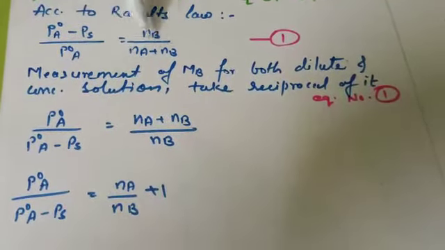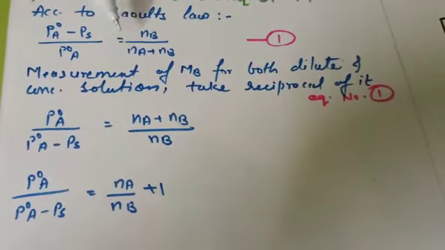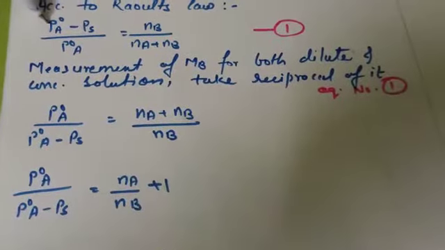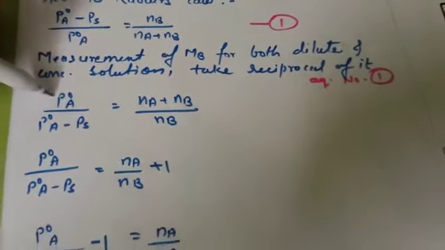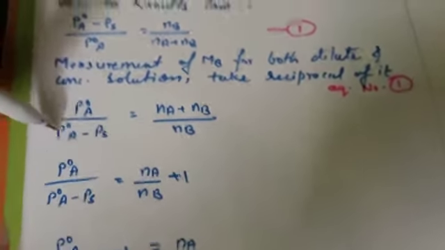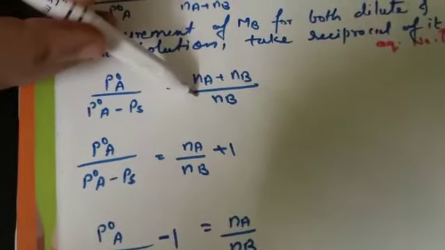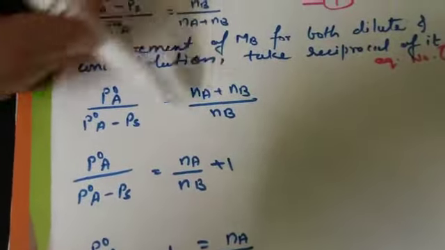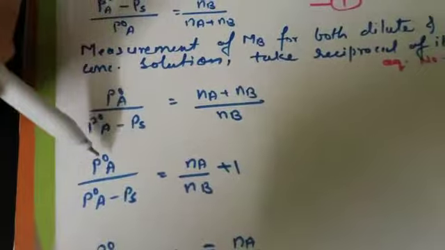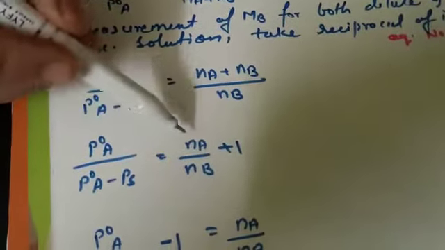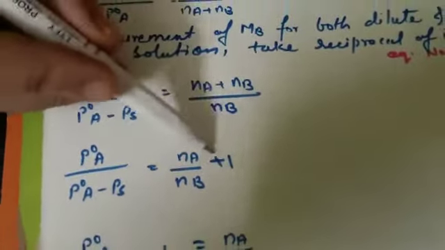Now, to find out the molecular mass for both dilute and concentrated solution, I have reciprocated this equation 1 and it comes to be P°A upon (P°A minus Ps) equals (Na plus Nb) upon Nb. Taking Nb as common, the equation comes to be P°A upon (P°A minus Ps) equals Na upon Nb plus 1.